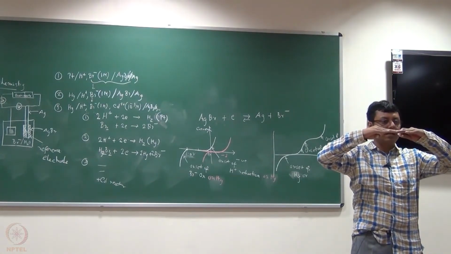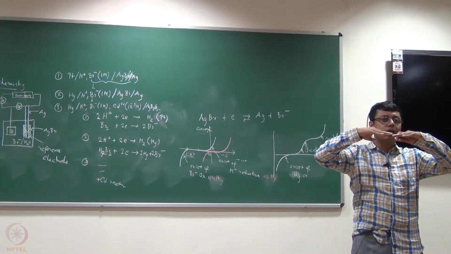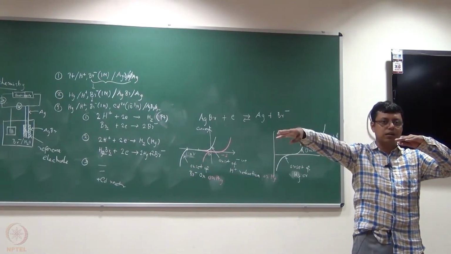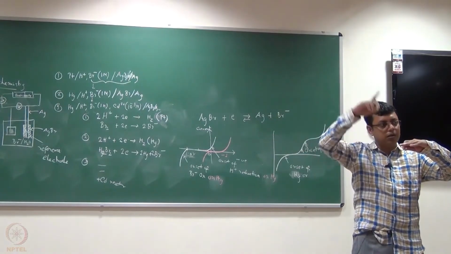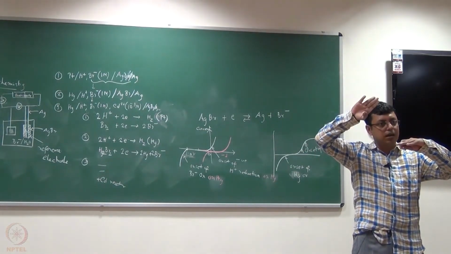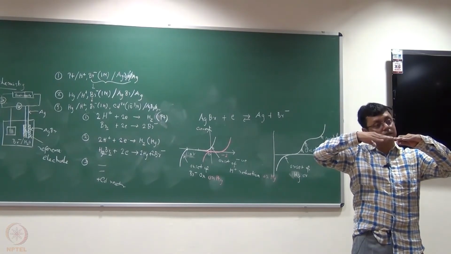When it matches with one standard potential, I'll have that oxidation, and that's how you use it in potentiometry. You have seen cyclic voltammetry and other things, right? So you sweep the voltage and monitor the current, and there you have an onset of current when this potential is matching.